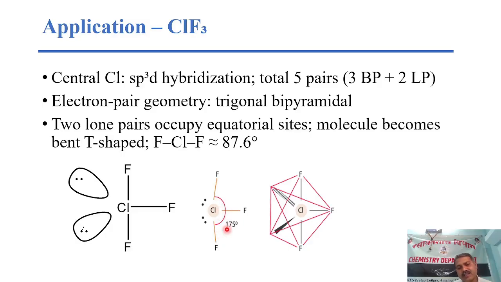So it is a bent T shape molecule, and the FClF bond angle is now 87 degrees instead of 90 degrees. Actually it should be 90 degrees, but because of the repulsion between lone pair and bond pairs, this fluorine gets distorted toward this fluorine and the bond angle reduces from 90 to 87.6 degrees.